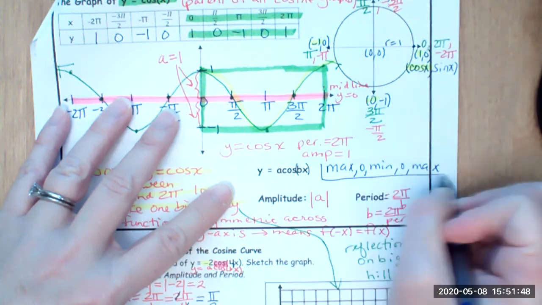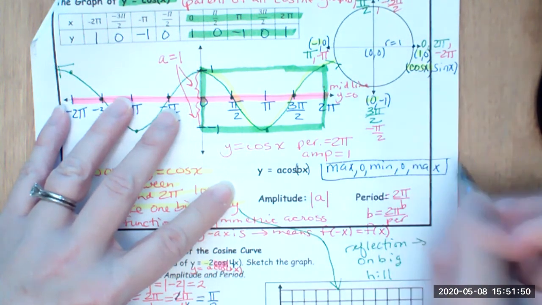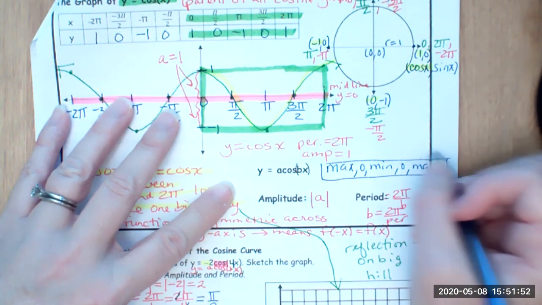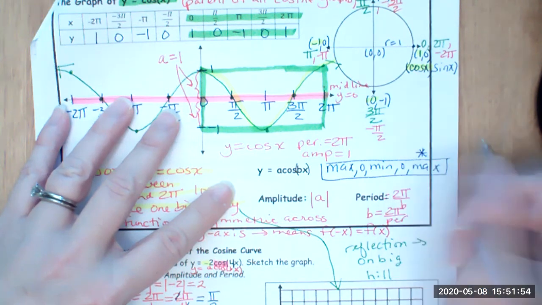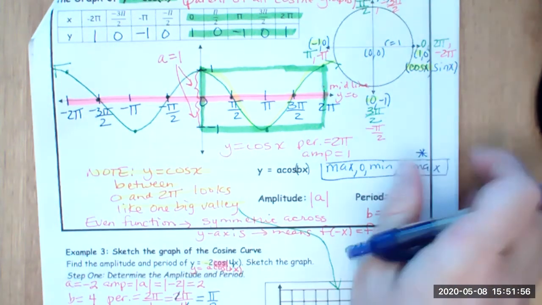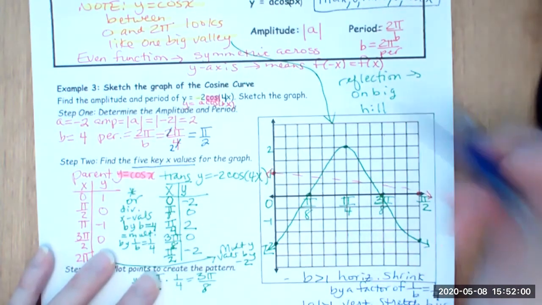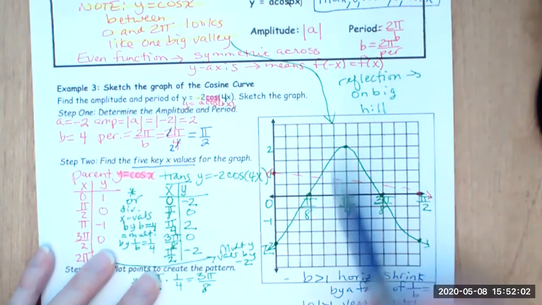And you can compare that if you go back a couple pages on sine, where we looked at the pattern for sine. And of course, the same is true when we look at the reflected graph. This graph was reflected, and we also changed the period.